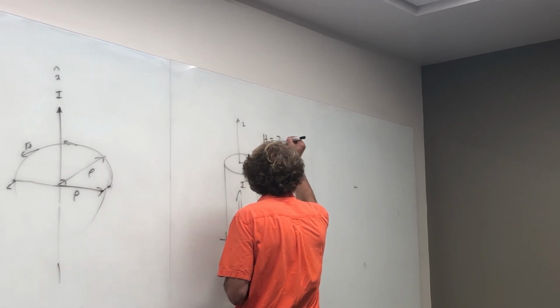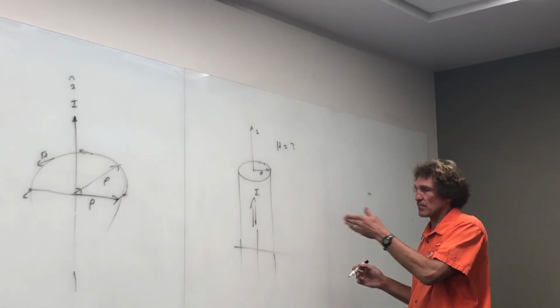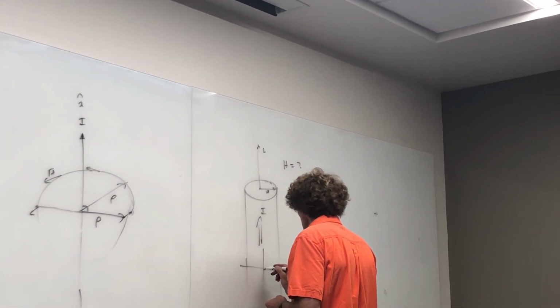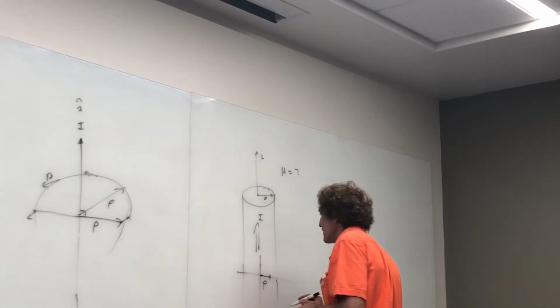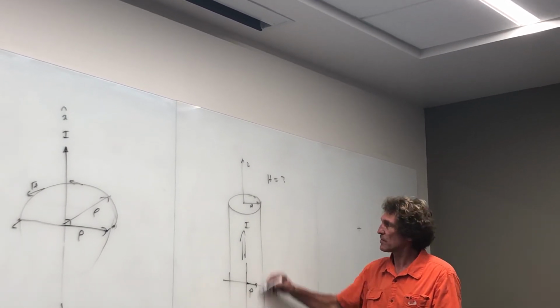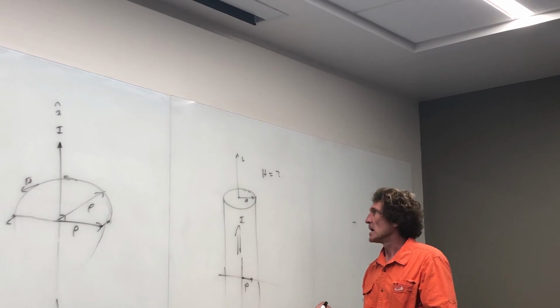My goal is finding the H field everywhere. I want to find the H field for rho less than A, and we're going to do this in cylindrical symmetry, so this would be our distance parameter rho. Can you all imagine this? You have all the current flowing up this pipe, and it's infinitely long. And I want the H field.